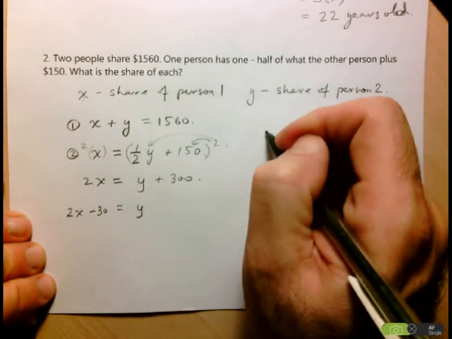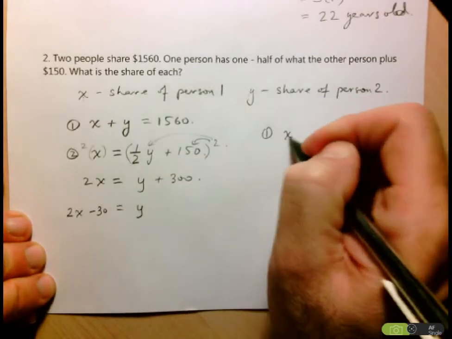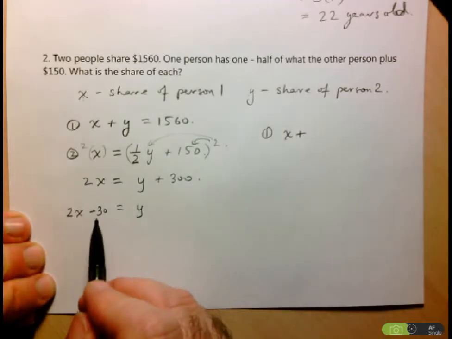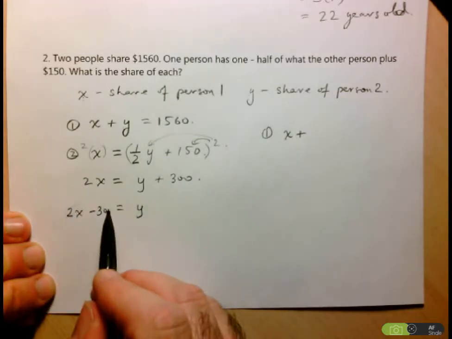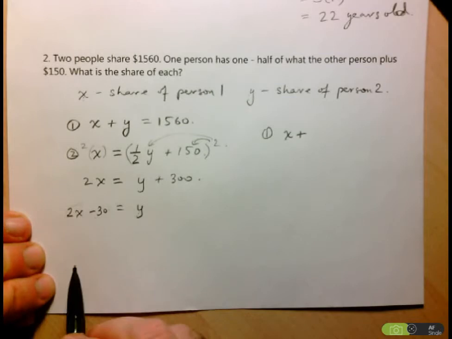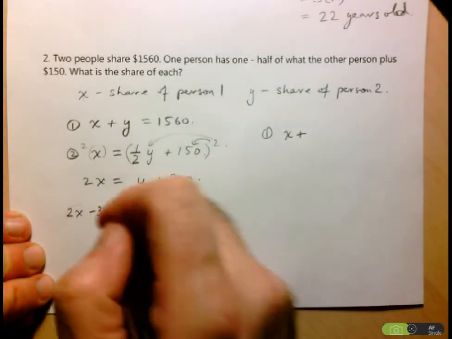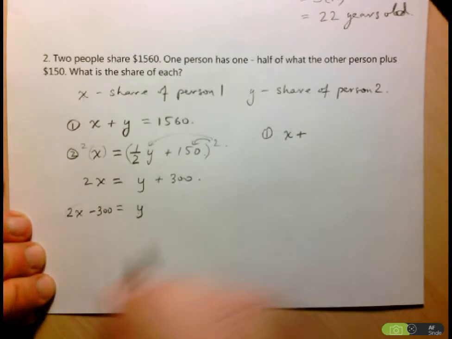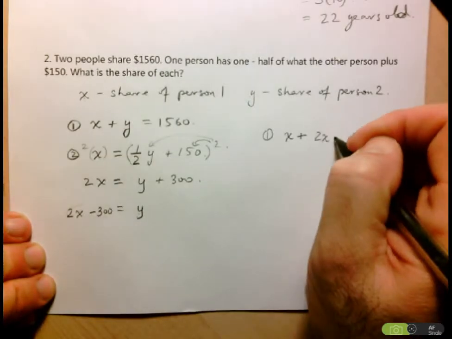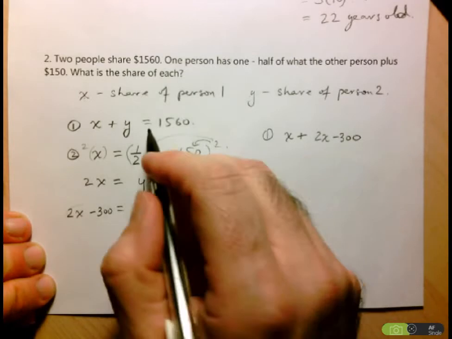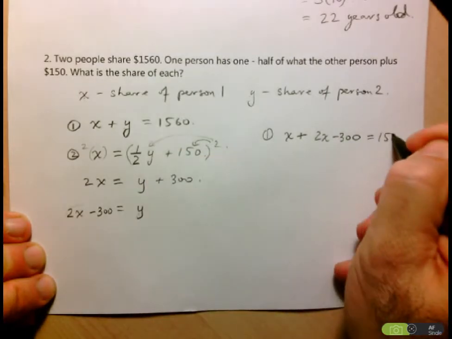Now I'm going to take equation 1, and wherever I see a y, I'm going to substitute it with this expression here, because this is equal to y. So in this equation, wherever I see a y, I'm going to replace it by 2x minus 300, and I know that has to be equal to 1,560.